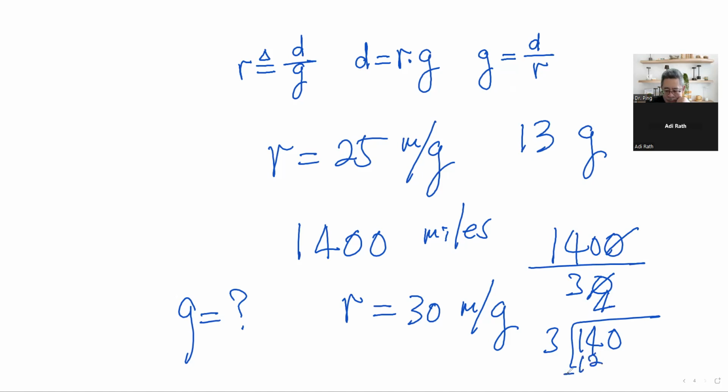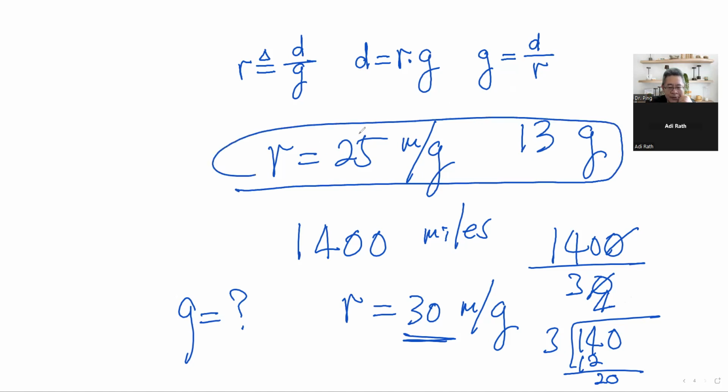It's 12, 20. Okay. Oh, 25. No, it's 30 miles per gallon. That was the top. Sorry, that was the first question. I should erase that.